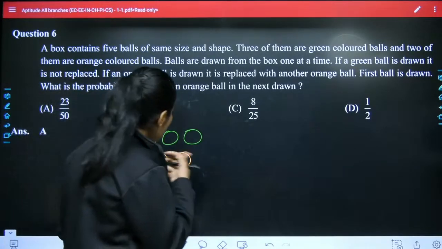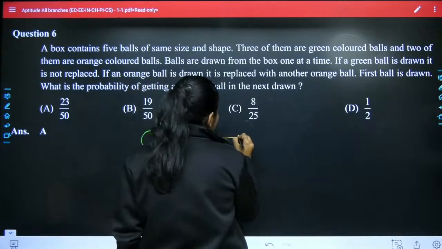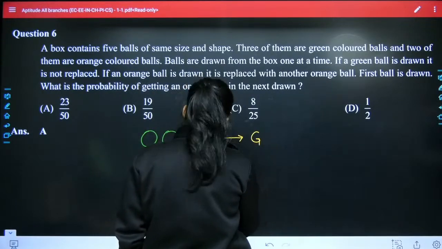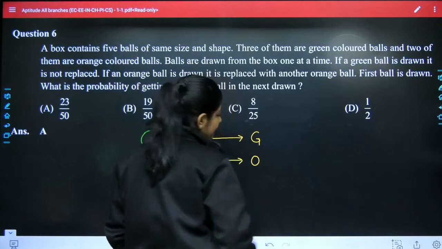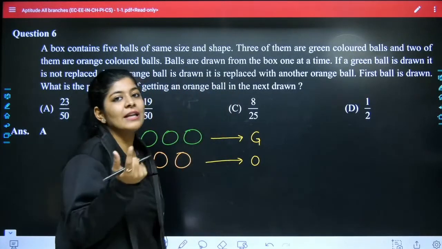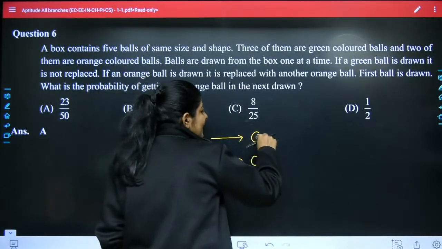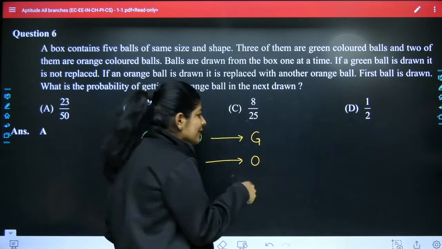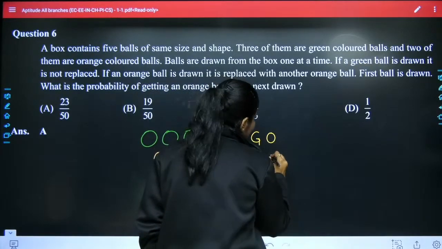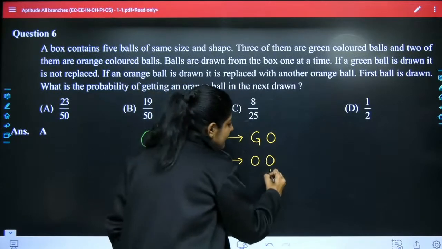Okay, there are two cases. Maybe the color of the first ball is green or maybe it is orange. So the second ball should be orange in both cases, right? This is a fixed condition.